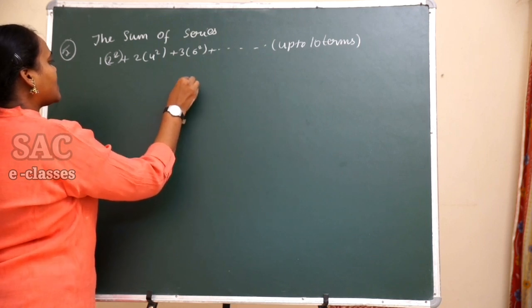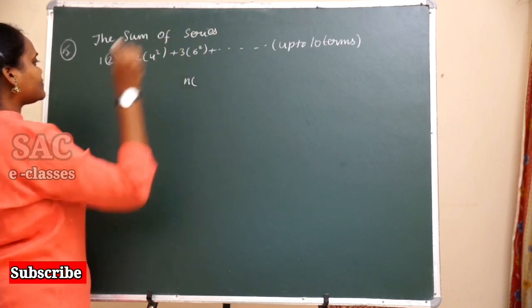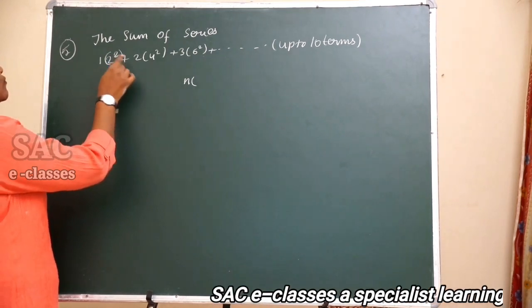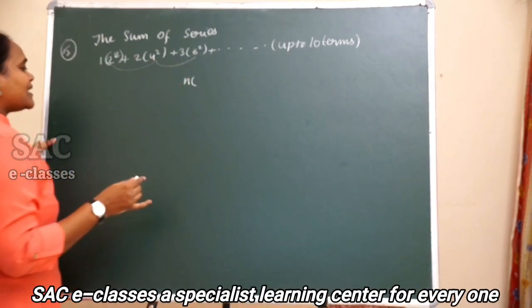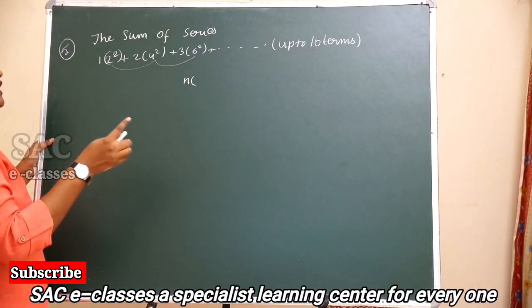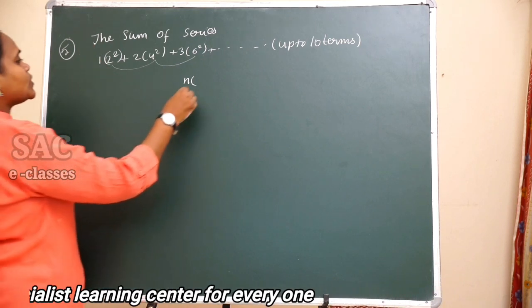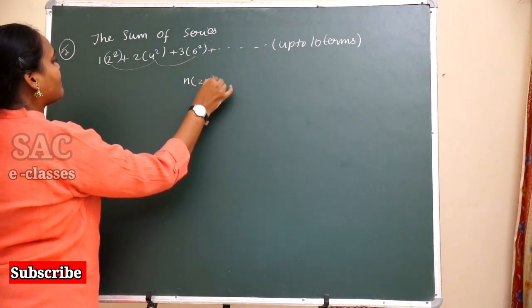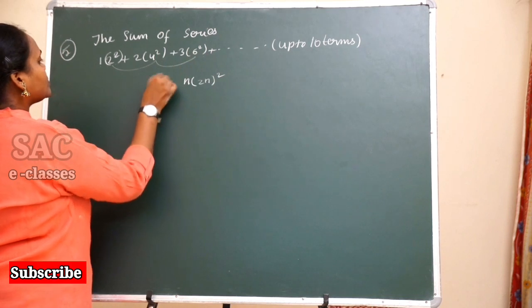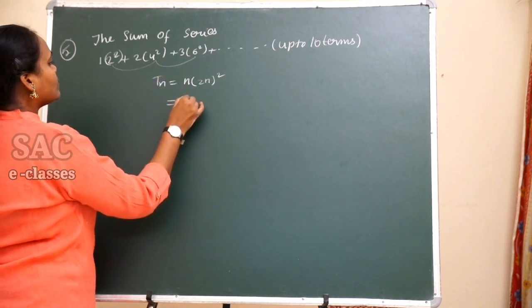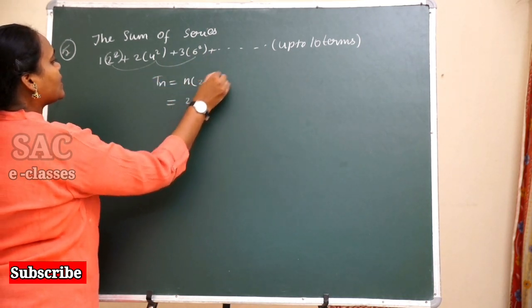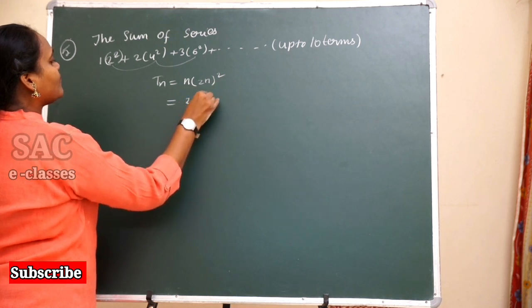So n into the square of consecutive even numbers. Can I write the even number general form as 2n and then 2n square. So tn is equal to n into 2n power 2, nothing but 4n cube we got.